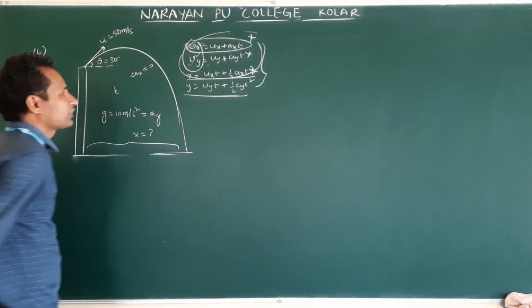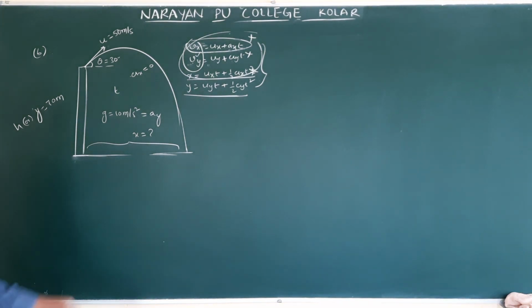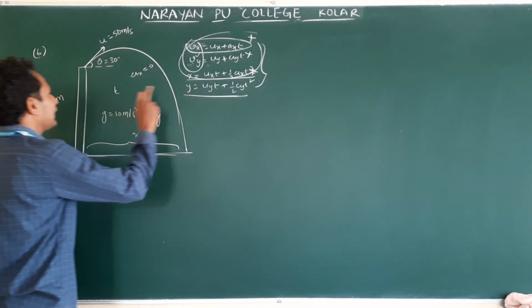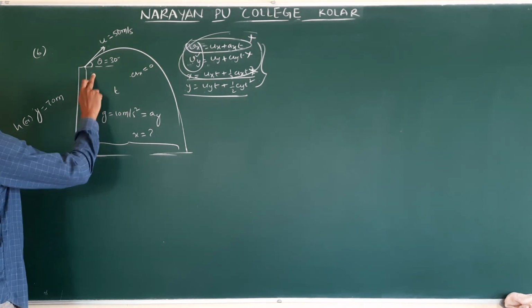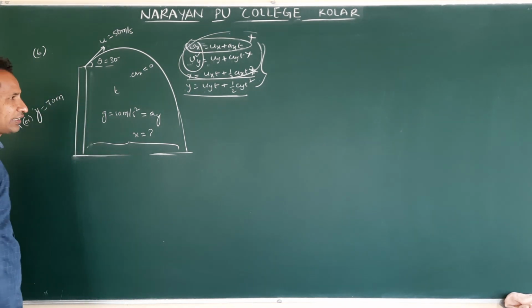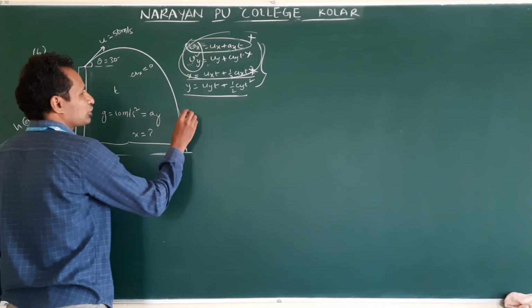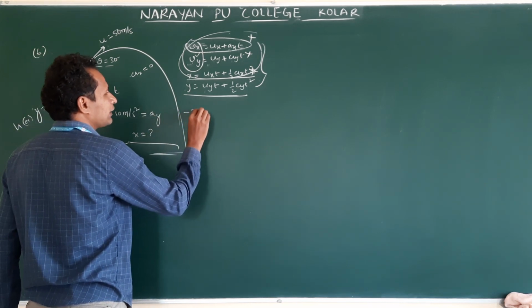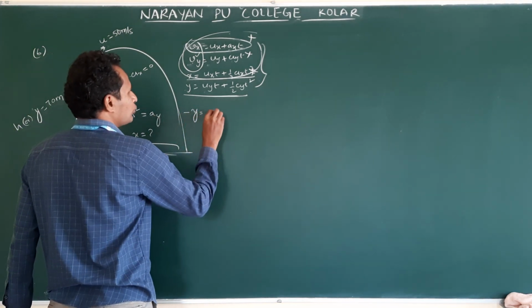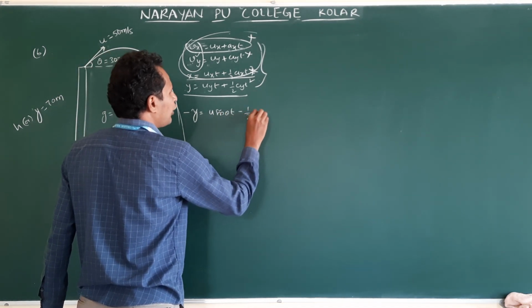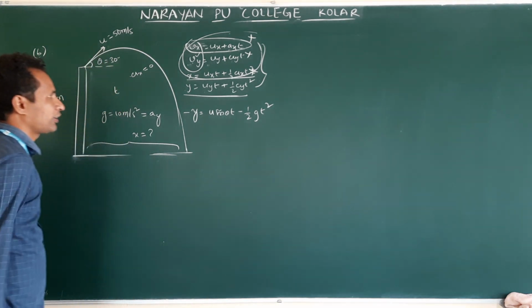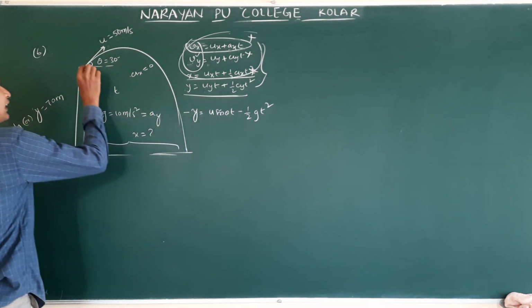This equation can help because they gave the y direction. Along the y direction, what is the displacement? 70 meters. So for this motion we write minus y is equal to u sin theta t minus half gt square. What is uy, the initial velocity along the y direction?